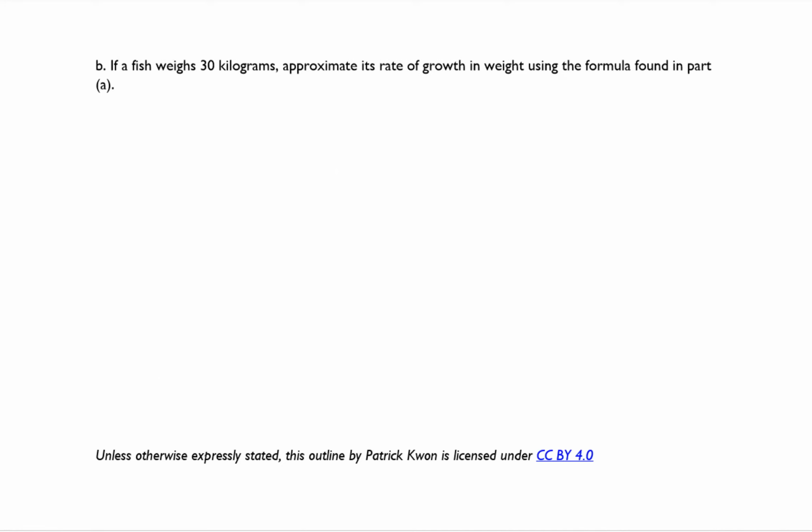Part B says if a fish weighs 30 kilograms, approximate its rate of growth in weight using the formula found in Part A. So we know that the fish weighs 30 kilograms, and we have the original function W equals 10.375 L cubed.